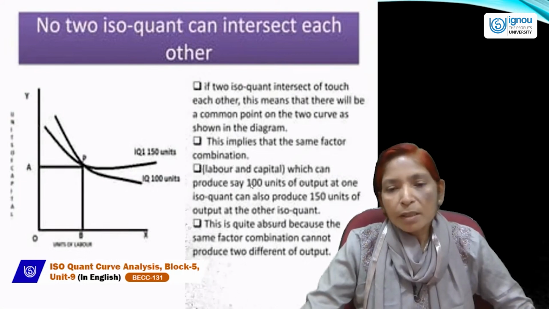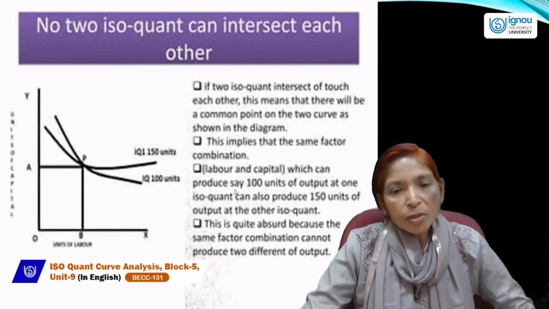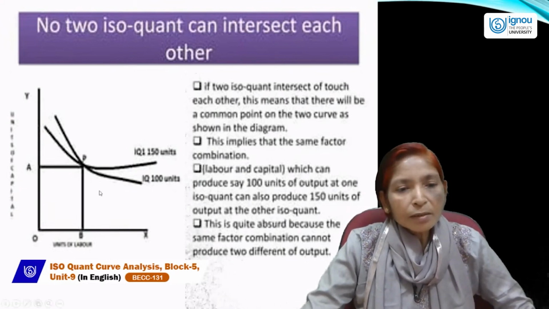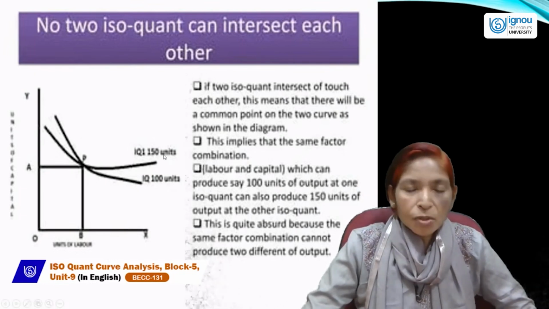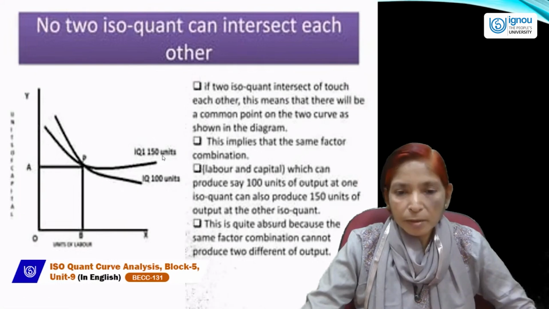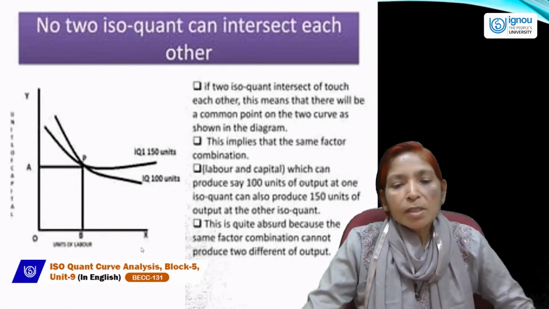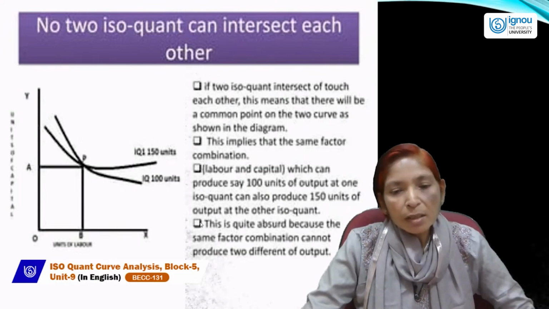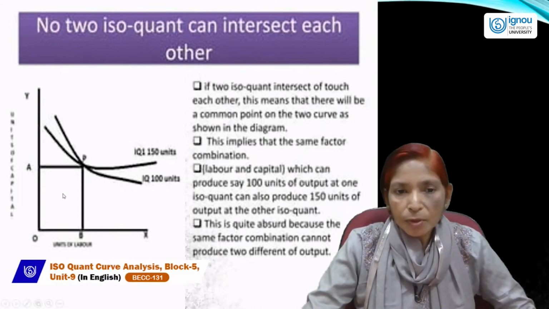Labor and capital, which can produce, say, 100 units of output on one isoquant curve, and on the other isoquant curve 150 units are produced by the same combination of labor and capital inputs. So this is quite absurd, because the same factor combination can't produce two different levels of output.